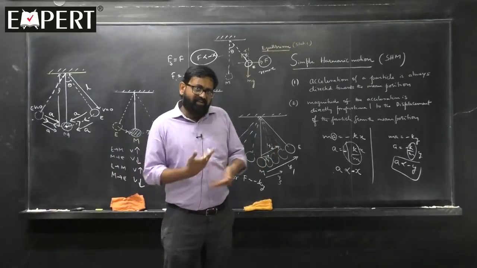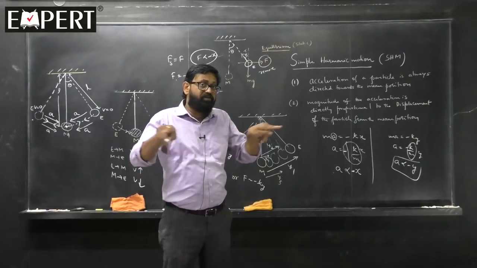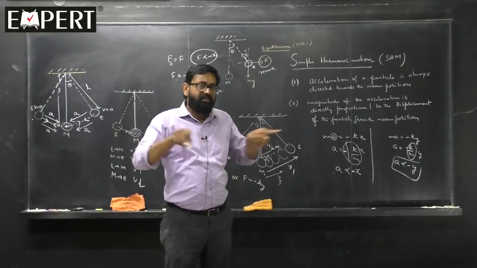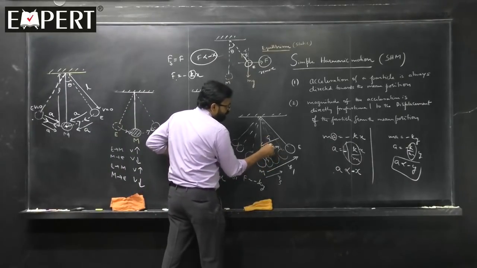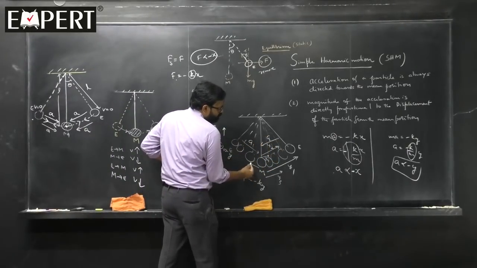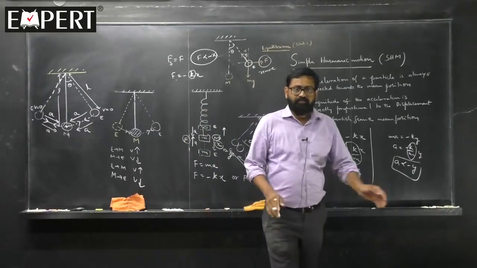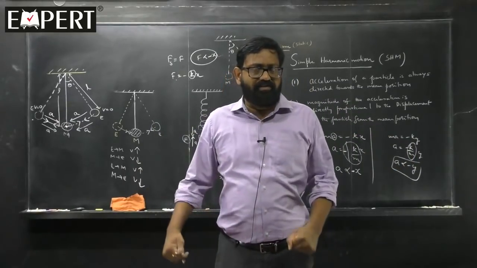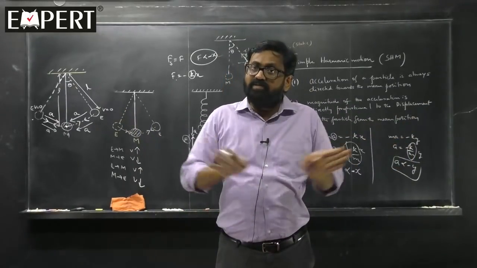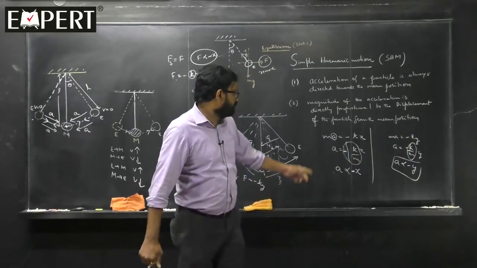Acceleration is always directed towards the mean position, displacement is always directed away from the mean position, from the mean position to the position of the particle. Look at this diagram also. Acceleration is always directed towards the mean position during SHM, whereas displacement is always directed away from the mean position. From the mean position you have to measure the displacement, that is the meaning of the negative sign.